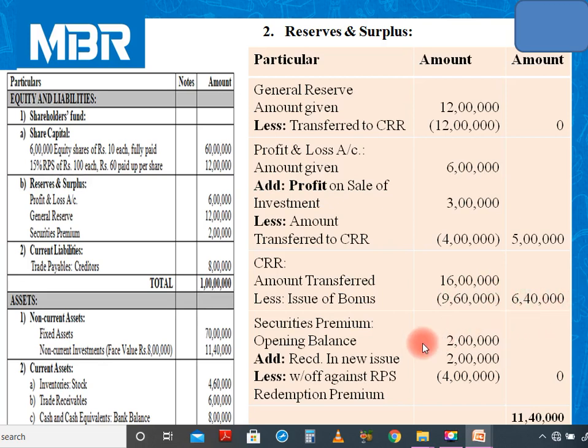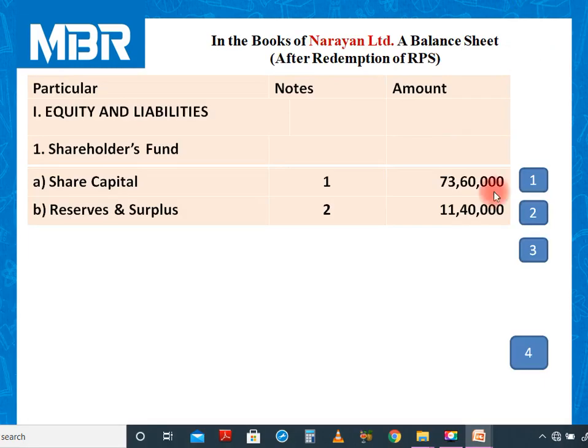And securities premium, opening balance 2 lakhs. We have received a new premium 2 lakhs during step number 3. And in step number 4, we have settled rupees 4 lakhs. So it's a 0. 0 plus 5 lakhs plus 6 lakhs 40,000 plus 0 is equal to 11 lakhs 40,000.